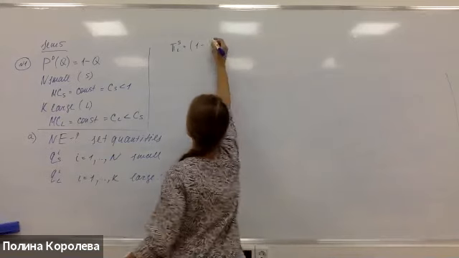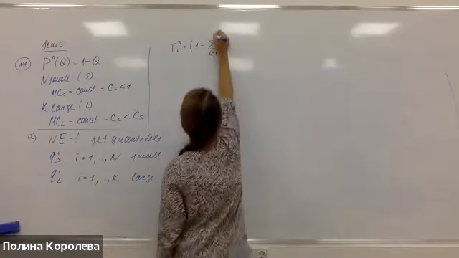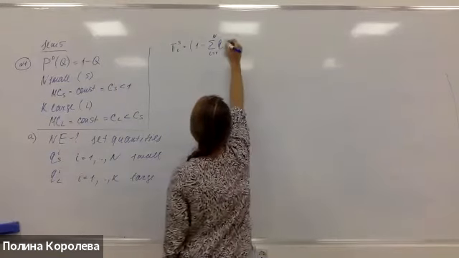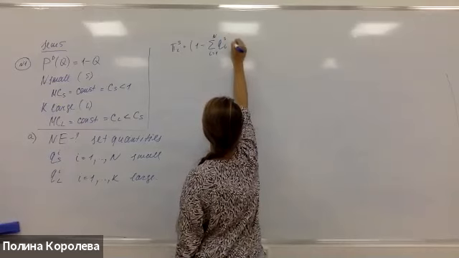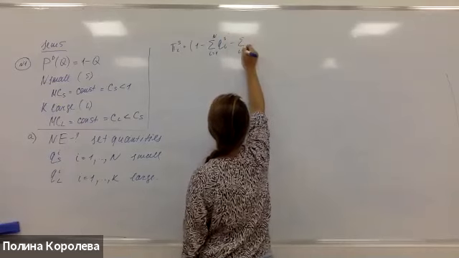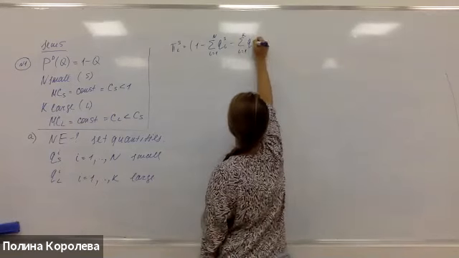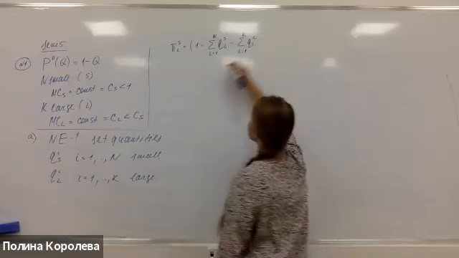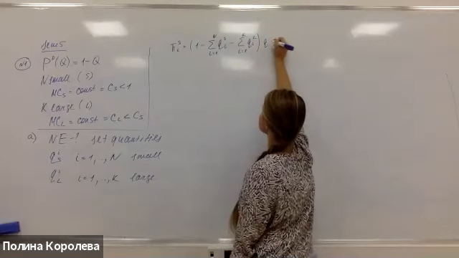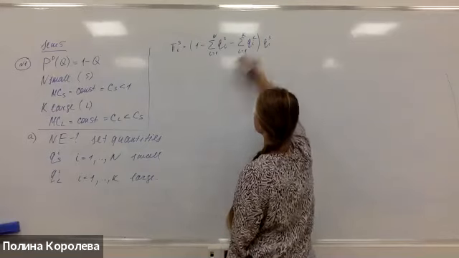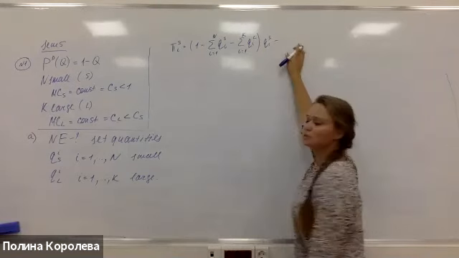So we should write the sum from i equal to 1 to n of the quantities of all small firms, minus the sum of quantities sold by large firms. This is the price, multiplied by the quantity sold by our firm. This is its revenue, minus total costs.